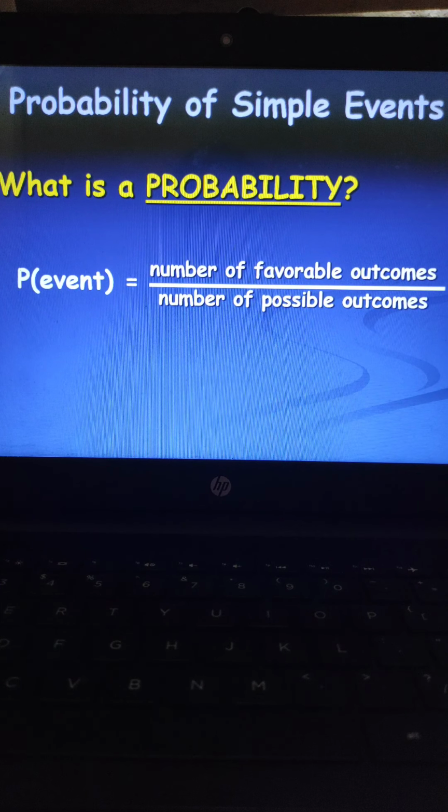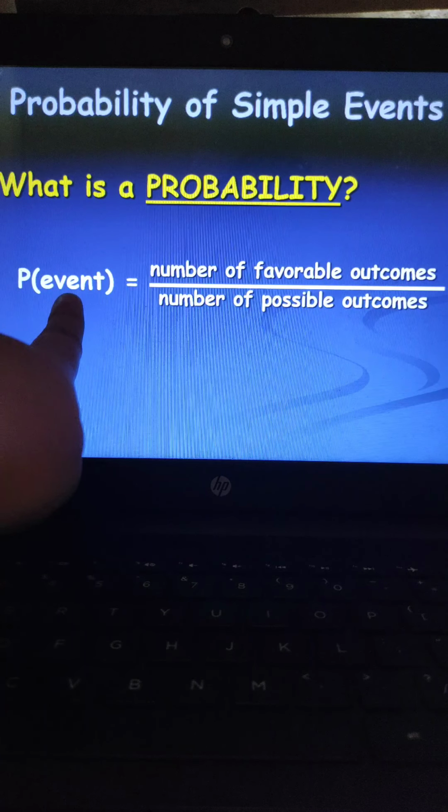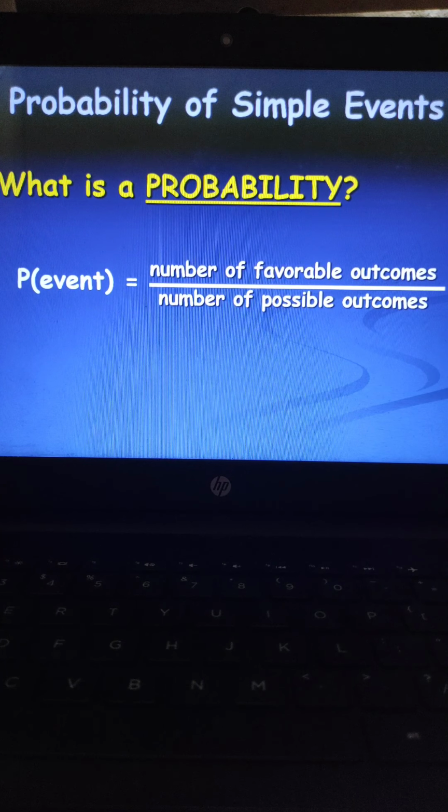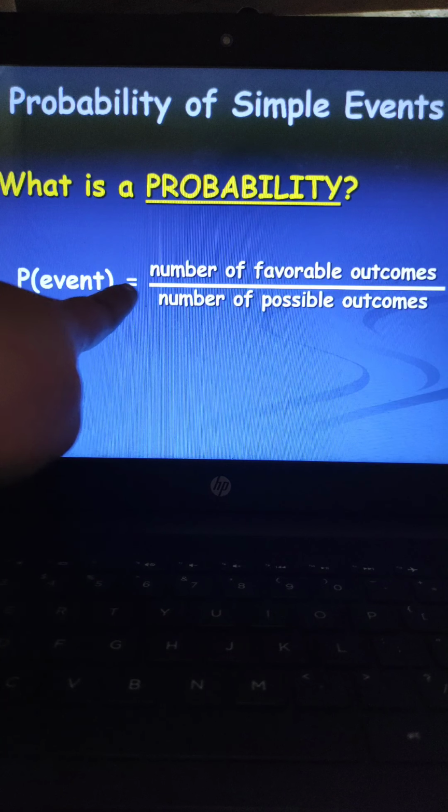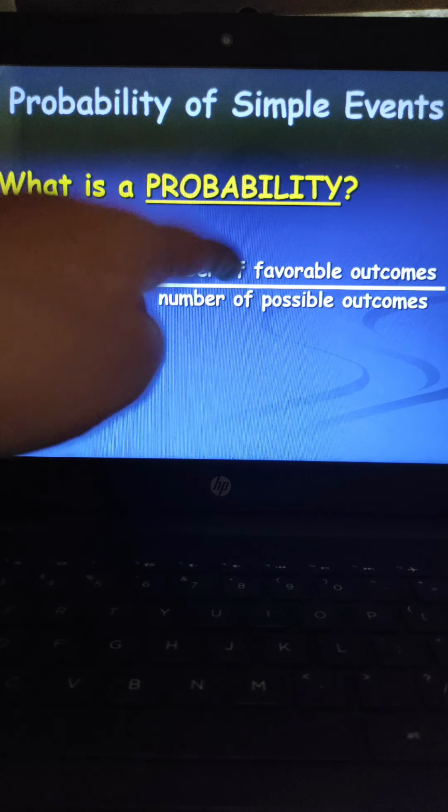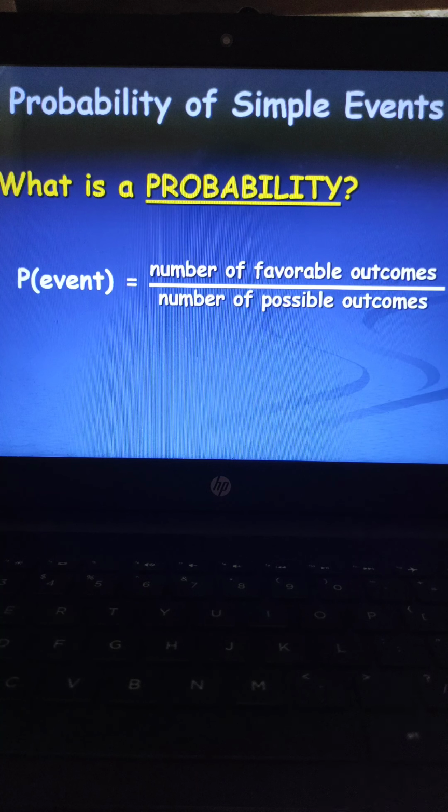So to solve for the probability of simple events, we write capital P, meaning probability, with the word event enclosed in parentheses, equals the number of favorable outcomes over the number of possible outcomes.